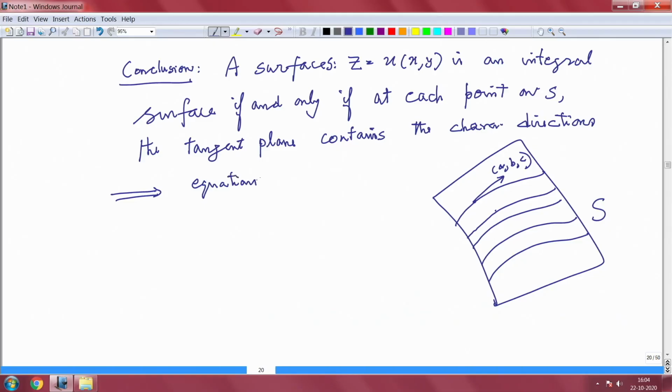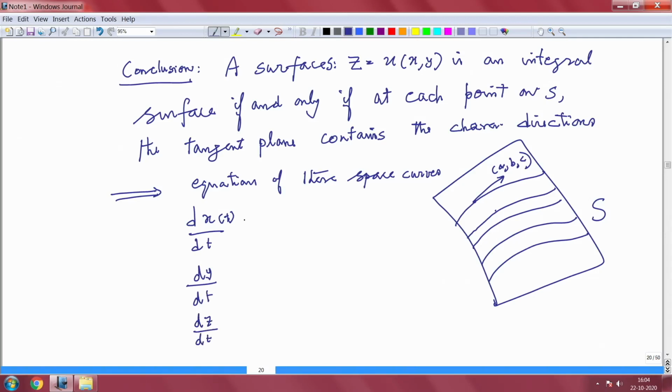So, I want to write down the equations of the curve. Now, it is easy. The equations of these space curves are given by dx(t)/dt, you have to write dy/dt, and then I will stop here and continue this one.